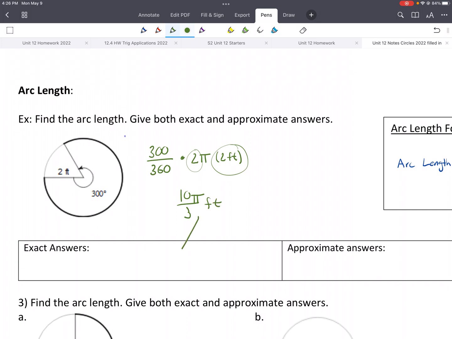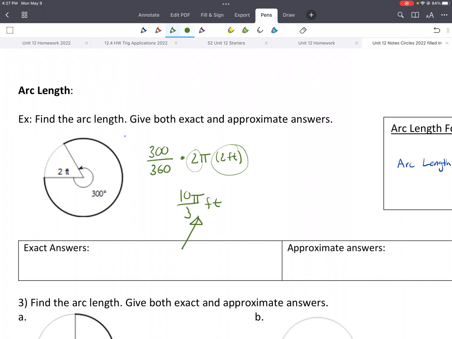Okay, so this is an exact answer. If you were to find an approximate, then you would just evaluate and have a decimal. So we could go back to that 3.33 that I had and then just multiply it by pi, or you could do 10 pi divided by 3. So I'll just do that just so we have an example.